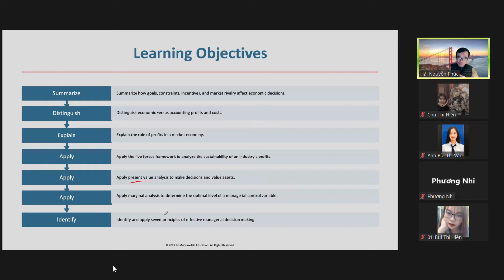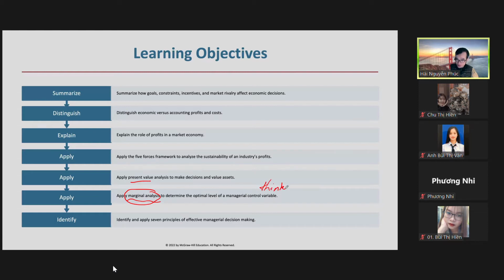in chapter number 1 is to use the so-called marginal analysis in making optimal decisions, for example, in determining the optimal level of output. Do you know what marginal analysis or marginal thinking is?